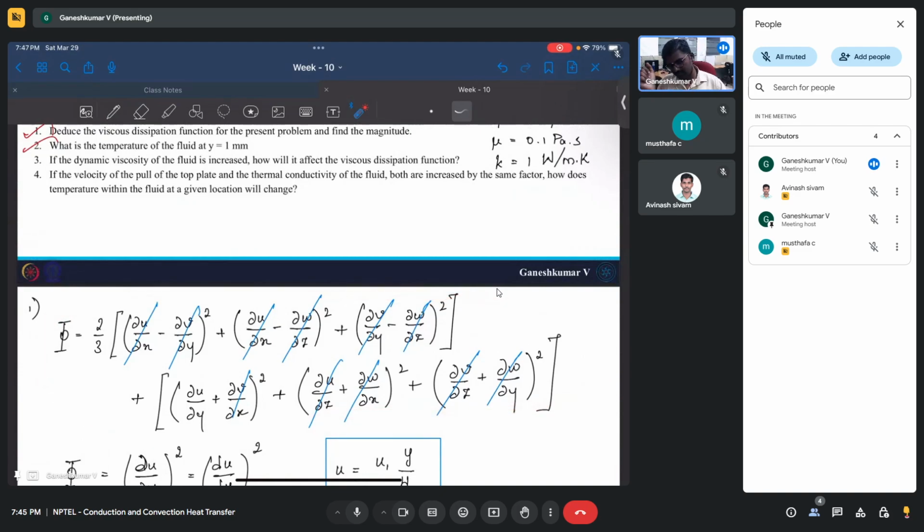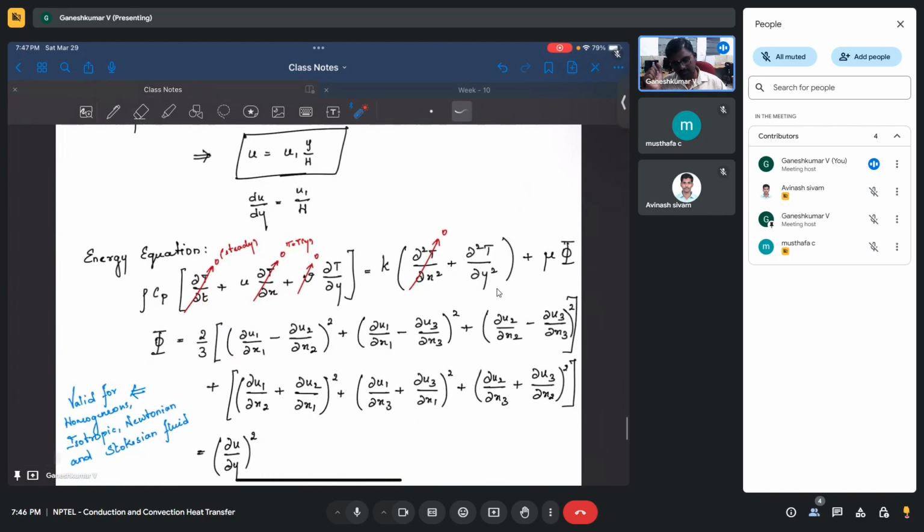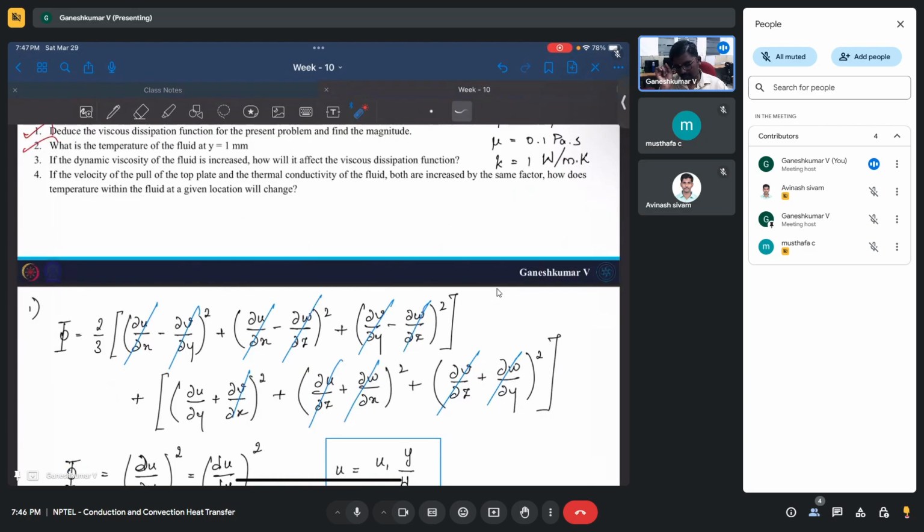In fact, in your energy equation, it's mu times phi. Phi is the viscous dissipation function. The viscous dissipation function is purely a function of velocity gradient. Now, when you change the dynamic viscosity of the fluid, if the velocity gradient gets affected, then it will affect the viscous dissipation. It does not have a direct link.